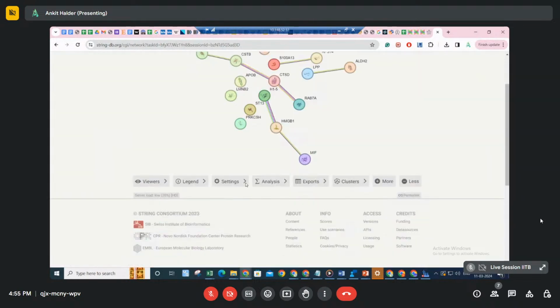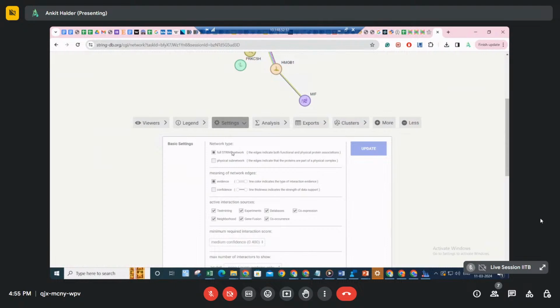Now there are different settings which you can change, like the full STRING network or the physical subnetwork, or on the basis of the evidence, or on the basis of the confidence. The higher the confidence, the more evident it is, based on the number of publications in which an interaction between the two proteins has been reported, like experimental evidence, for example yeast two hybrid systems or microarray and other stuff.